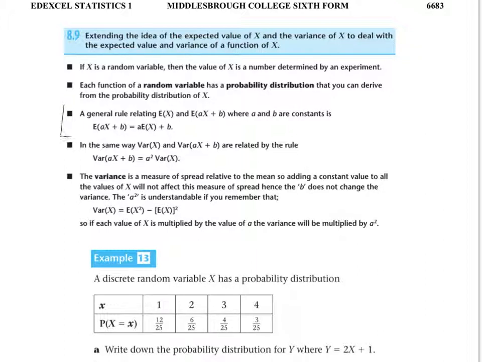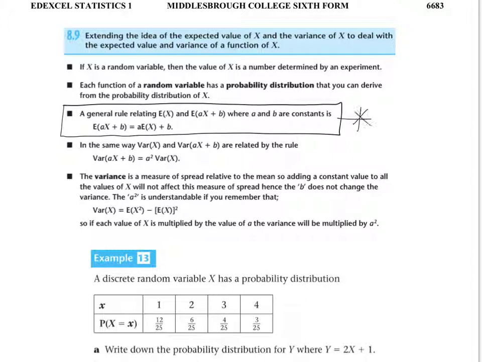So the general rule that we want to remember is this one here. So if we have E of x, it relates to E of ax plus b.